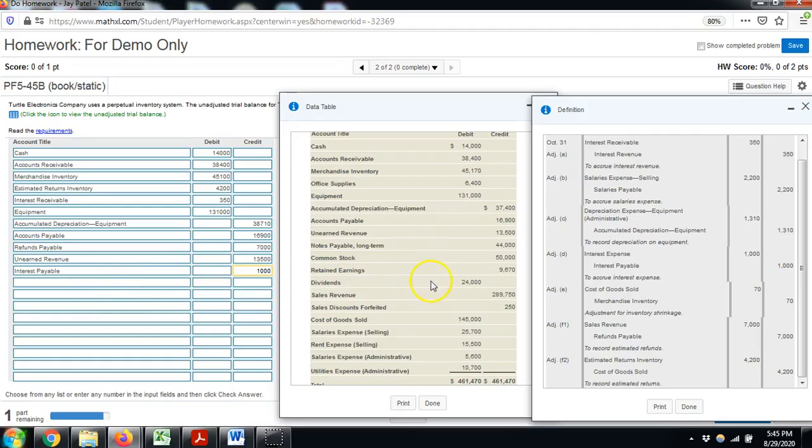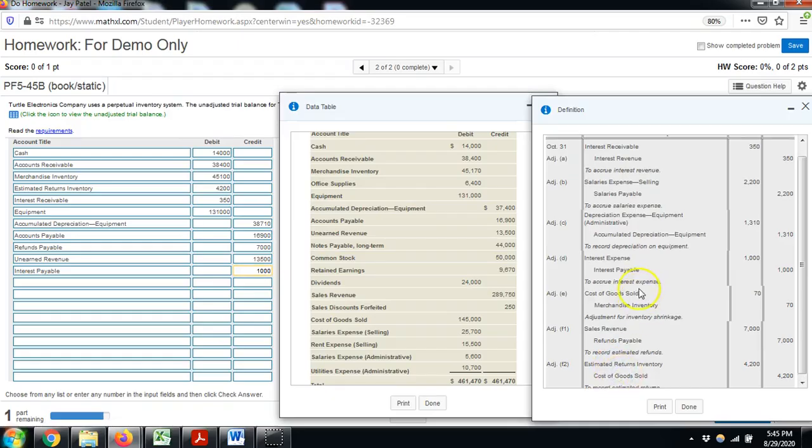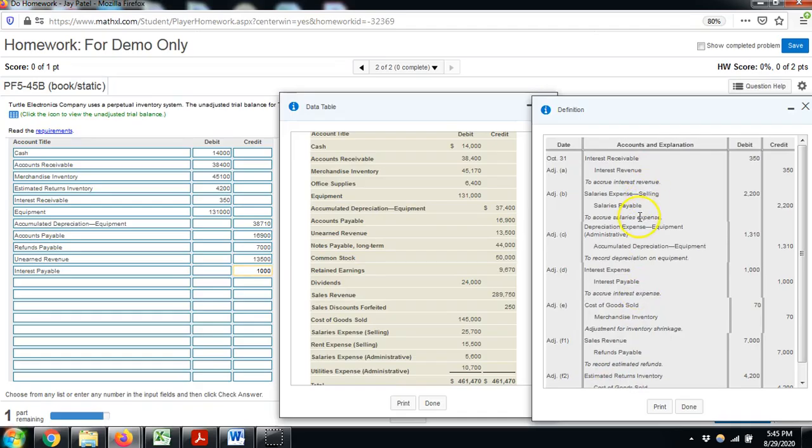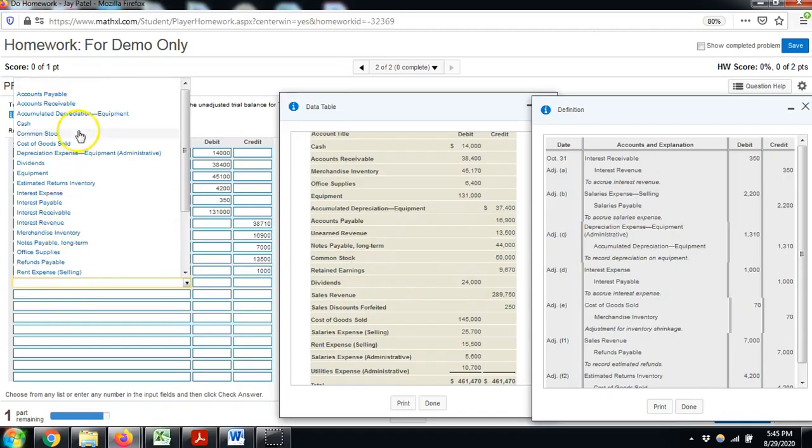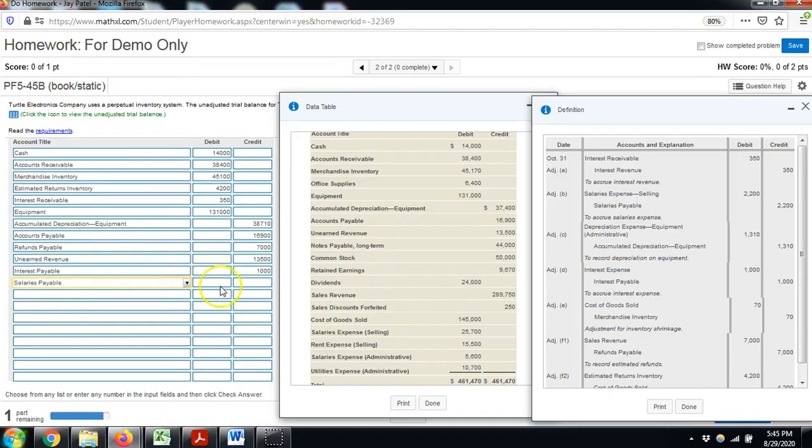So let's continue on. Any other liabilities? I don't see any. So actually, salaries payable is one that we need to add. Okay, and I think that pretty much covers the adjustments in the liabilities listed here.